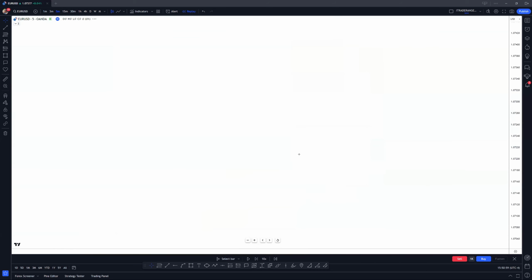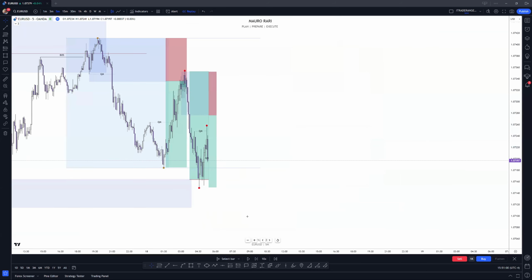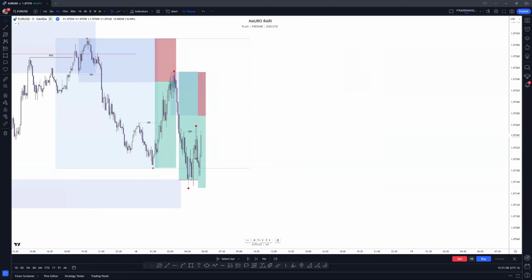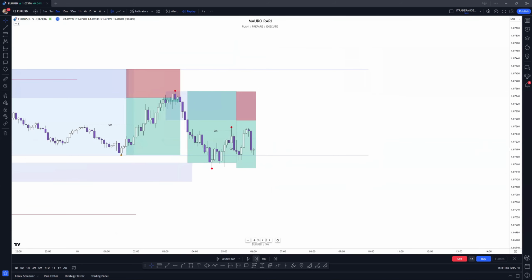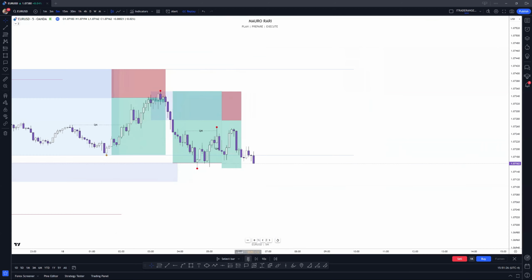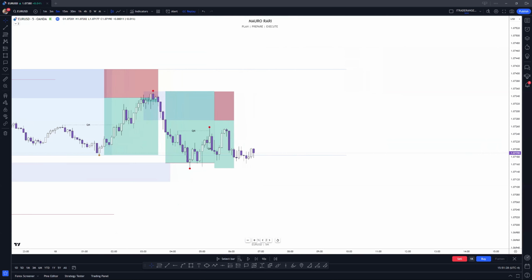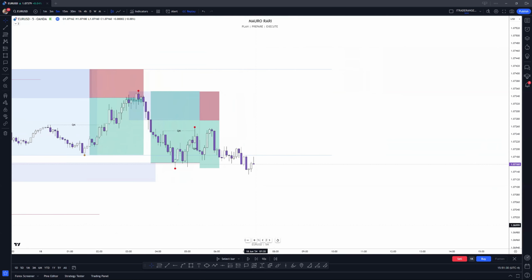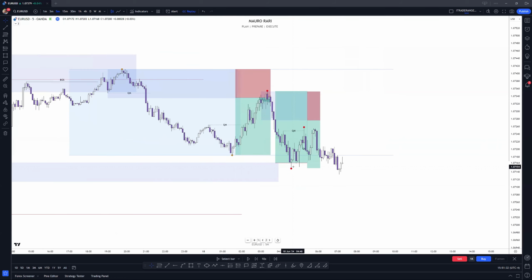Let's go back to the 5 minutes. Okay, trend line liquidity, as you can see. Okay, and the price took the low.